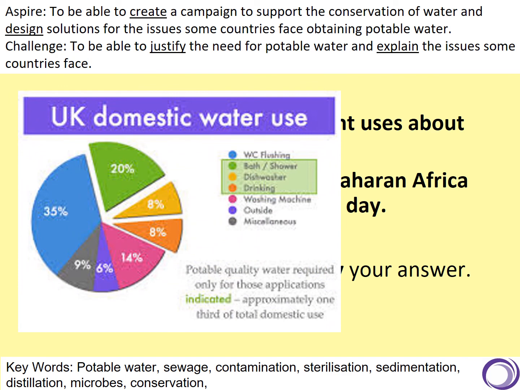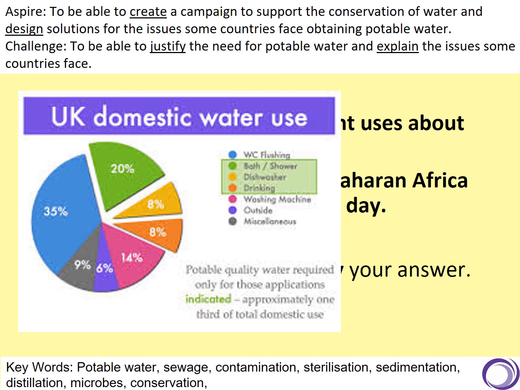So when we look at the kind of usage that we make of our water in domestic UK use, you can see that only a very small percentage of it actually needs to be potable water level. So we need clean water for baths and showers because we don't want to be contaminated with microbes. Dishwashers we need again to be potable water standards, and drinking water straight from the tap we need to be potable water standards.